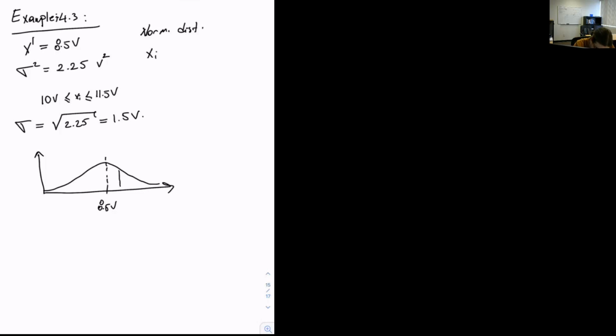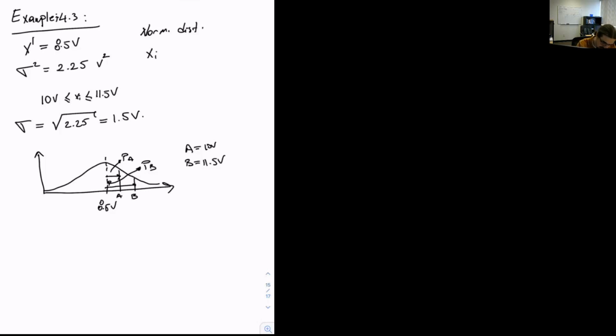Let's say this is 10 volts, this is 11.5 volts. There's a probability of this being in this interval, so we'll call this probability of A, and then we'll call this probability of B. Let's say this is A, this is B, and A is 10 volts, and B is 11.5 volts, right?